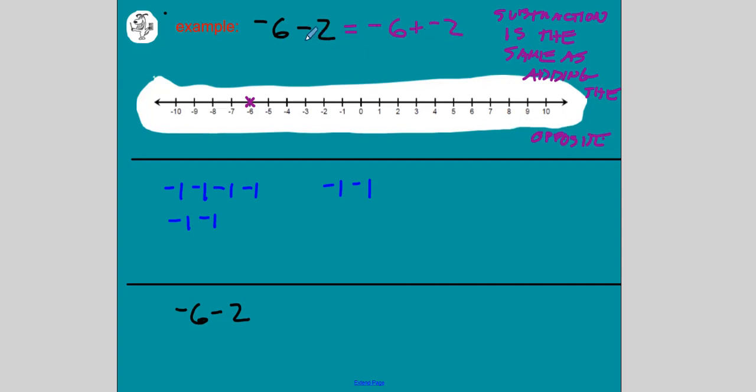You can think of it either way. I often just leave it as subtraction, but you can change it to this. On a number line, again, I'm starting at -6, and then I'm going west 2. So that puts me at -8.